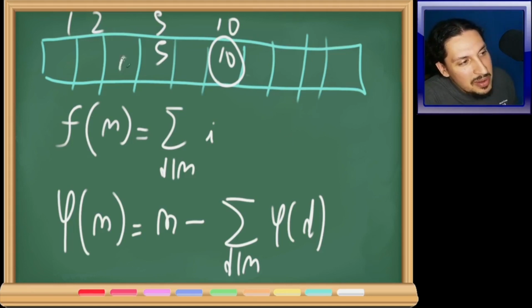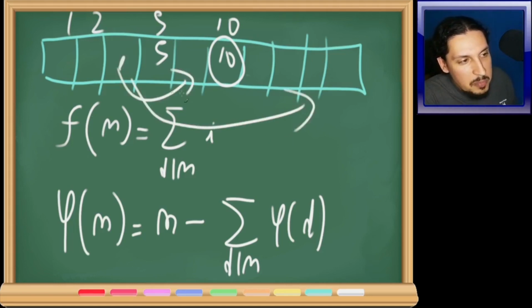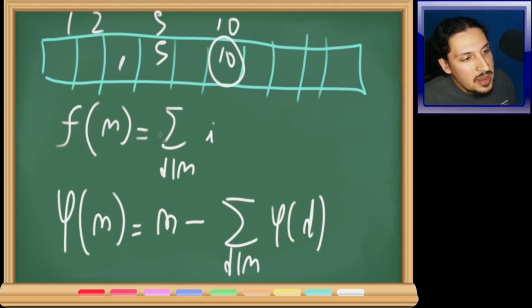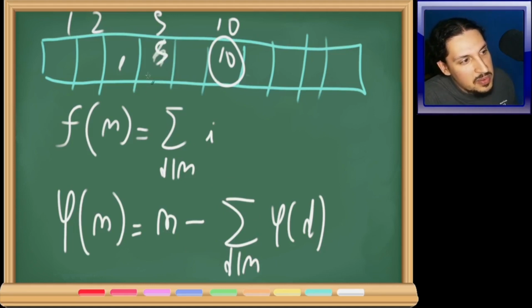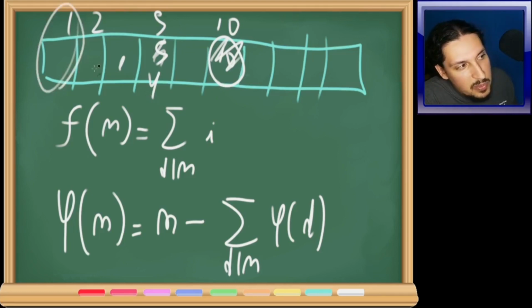You go number by number and you go to the multiples and you push the values in order to go updating. And here pushing the values is just subtracting my phi. So if phi of 5 is, I don't know, 4, when I do this, I will go through all the multiples and to all of them subtract 4. And when I get to 10, instead of 10, I will have already subtracted phi of 5, which is 4, but I would have also subtracted phi of 1, which is 1, and phi of 2, which is 1, so I would get 4.